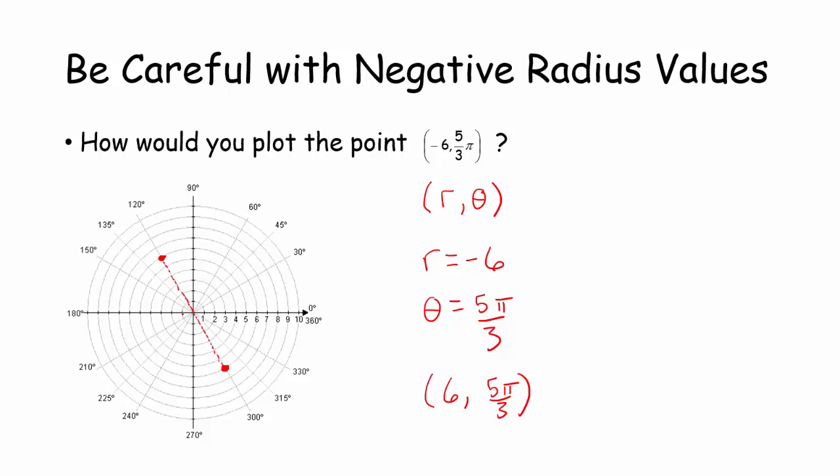Well, I could do that. I could count out 1, 2, 3, 4, 5, 6 units out on the negative x-axis. That put me right there. And then from that point, I could rotate around 300 degrees. And then where would I land? I would land right there at that point. So there's a couple of ways to conceptualize this, and it's all pretty tough. It's going to take a lot of practice.